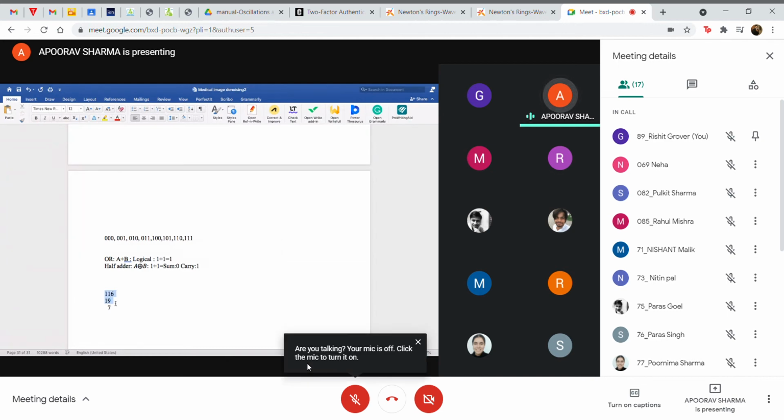Similar is the case with binary numbers. What happens with binary numbers? If I am subtracting 0 from 0, the answer will be 0. If I am subtracting 0 from 1, your answer will be 1. If I subtract 1 from 1, your answer will be 0. It's like normal subtraction. But what happens when you subtract 1 from a 0?